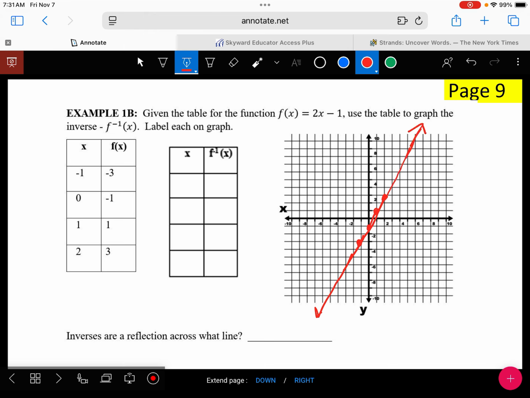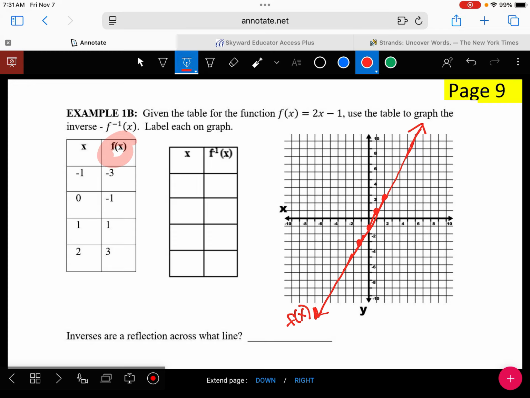And then make sure you label it. Put the f of x off on the side so we know that that graph represents this table. So we're going to label it by putting f of x to show that that's what that graph is. And then take your table and flip it.